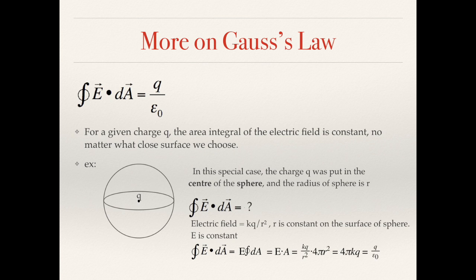Since the electric field is equal to kq over r squared, and r is constant on the surface of the sphere, E here is constant, so we can take it out of the integral sign.